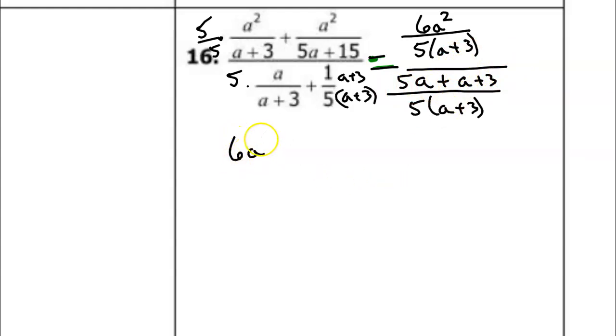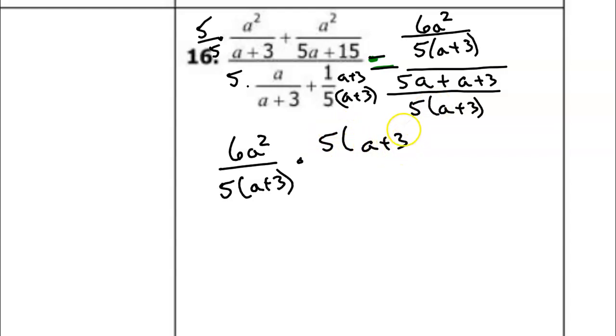This one stays the same. I need to flip this one over, reciprocal, a fraction in the denominator. A plus 5a is 6a, so it's 6a plus 3 in the numerator, or denominator, which is numerator up here, denominator down there.